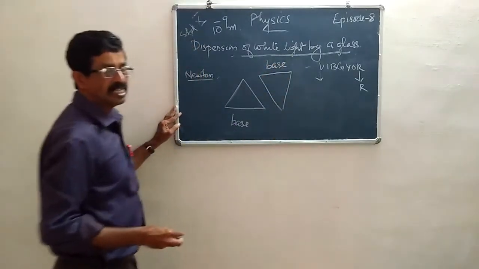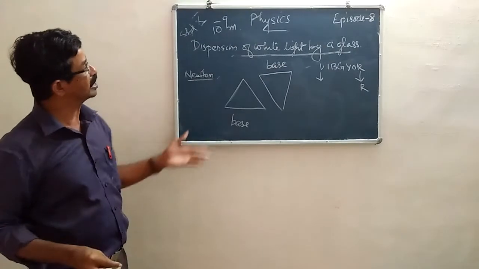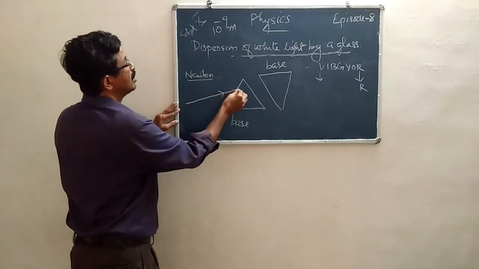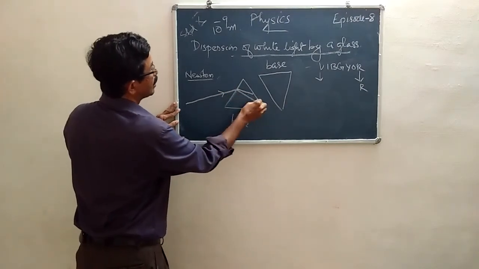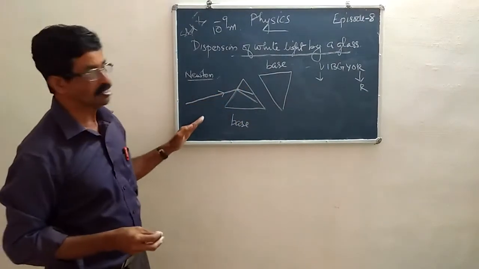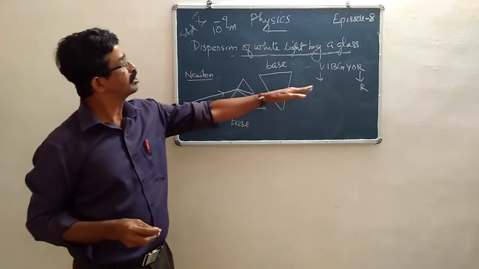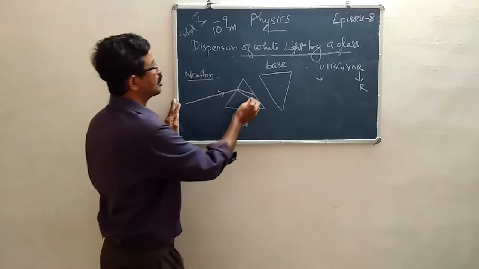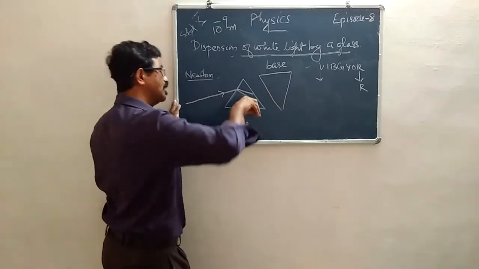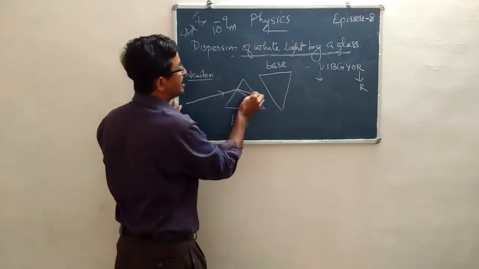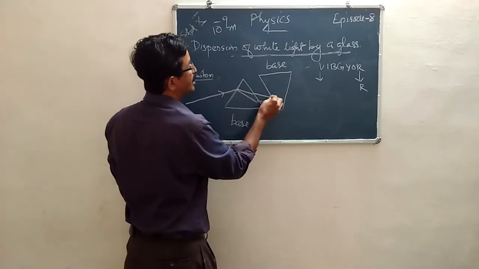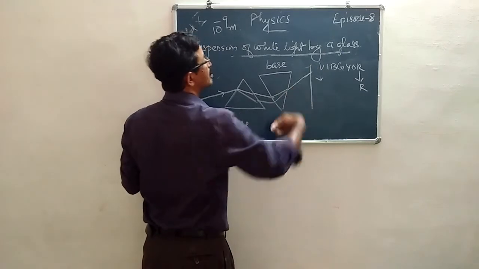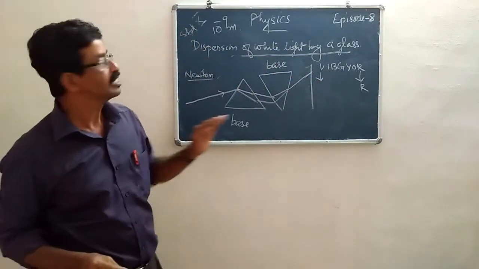Then he did this activity. See, the first prism this way, he allowed light to fall on the side of this prism, then he got different colors on this side. Now he arranged the second prism just reverse of the order. Then see here, light falls, and again he got white light on the screen.